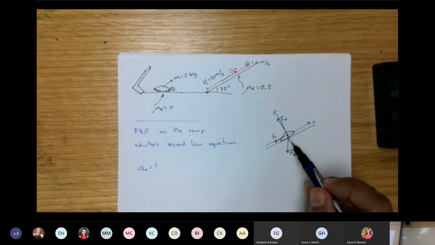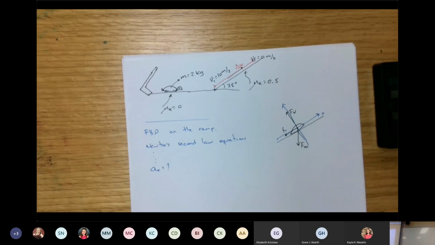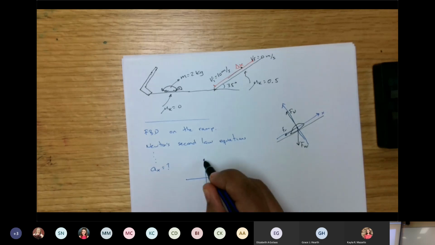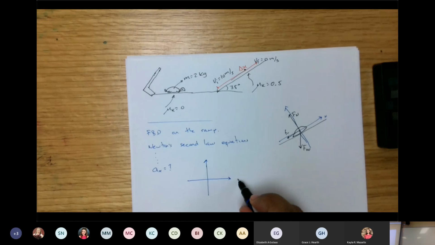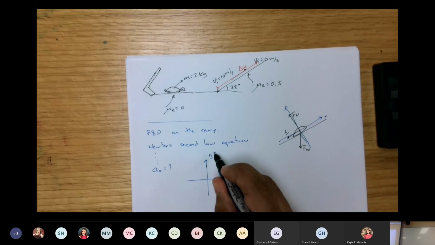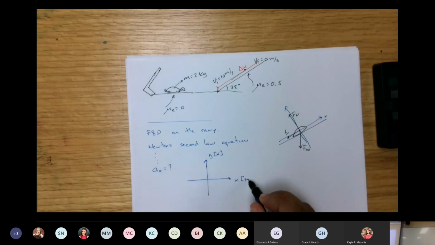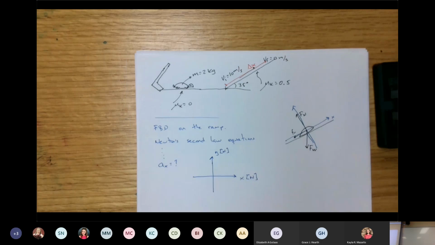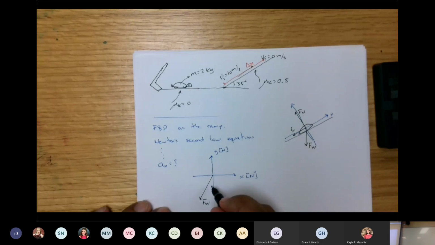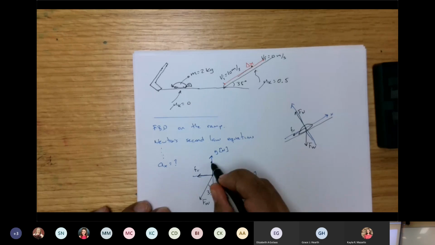So your free body diagram at the end is going to look like this. The weight is going to be like this. This is going to be a 35-degree angle. Friction and normal force.